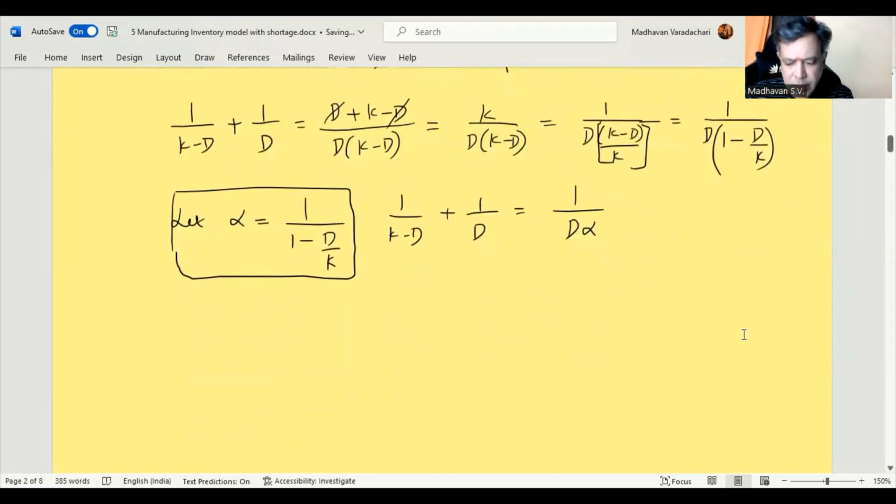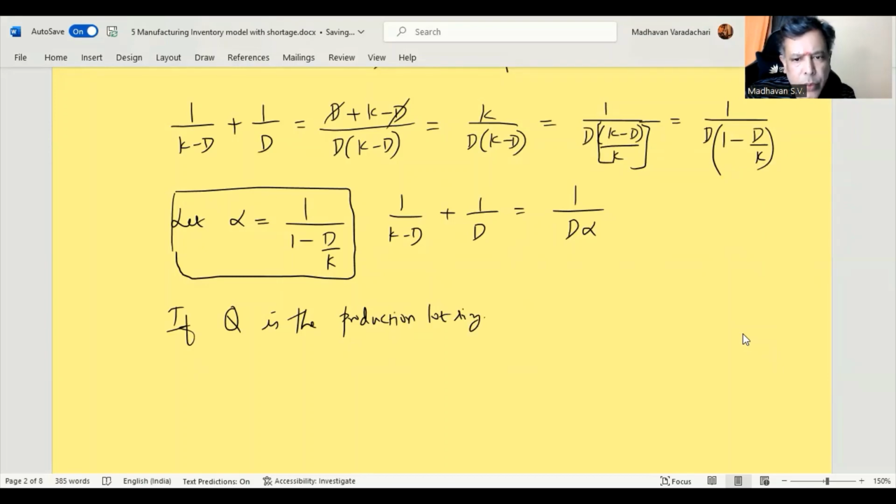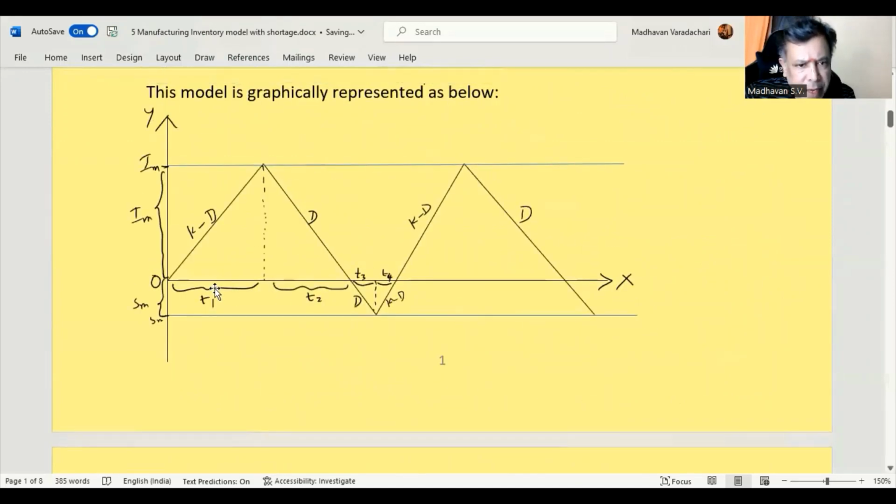Now another thing we can say is, if capital Q is the production lot size, that is what we are interested in finding out. What should be the production lot size? Suppose we consider that as Q, then we can express this Q as follows. Manufacturing is happening in time T1 and also in time T4, whereas in T2 and T3, only consumption is happening.